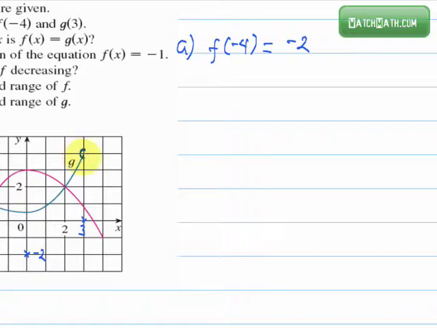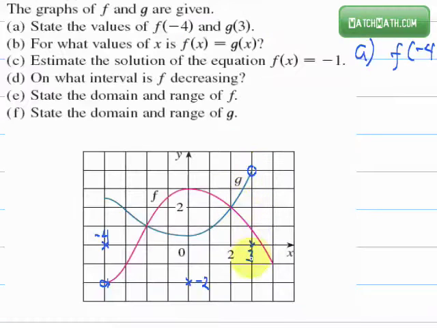So this is the point on the graph. And then find the corresponding y coordinate. So this is the y coordinate, and we can count it is 1, 2, 3, 4 units from the origin, which means that g of 3 equals 4.